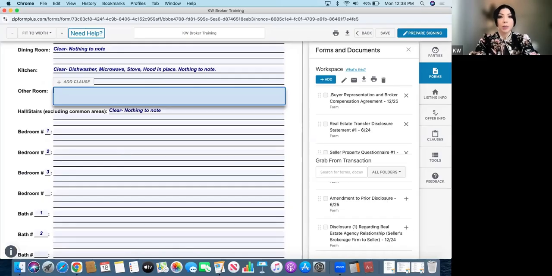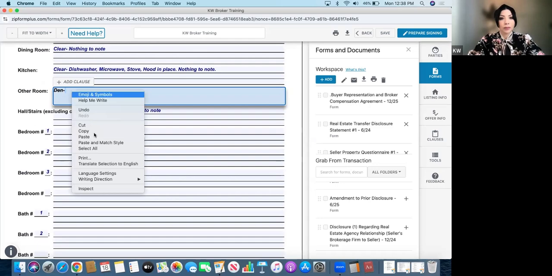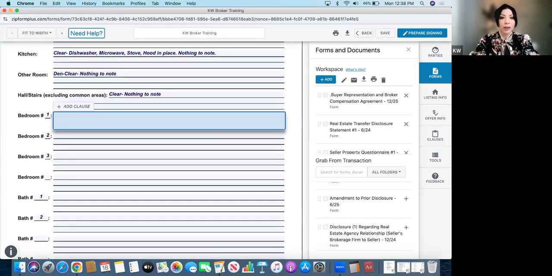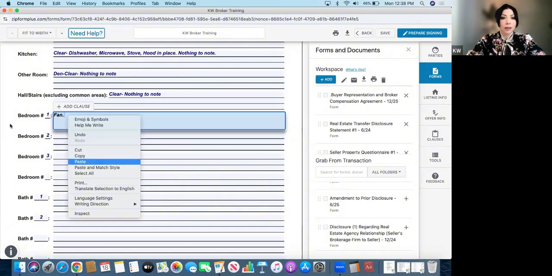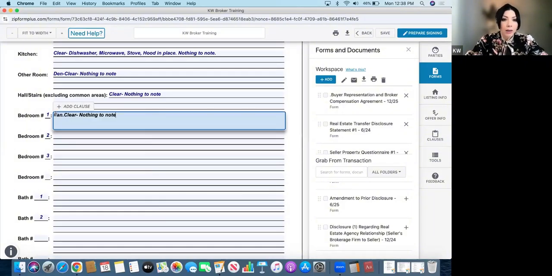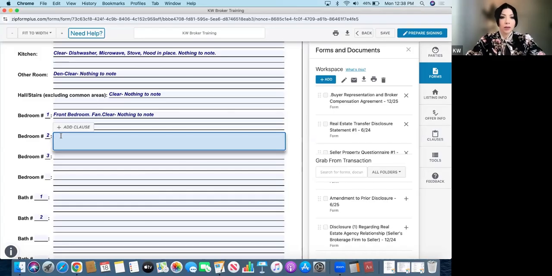So just put, let's put den. Bedroom 1, fan. See, there's a fan and nothing to note. And I also like to do this. Front bedroom here too.